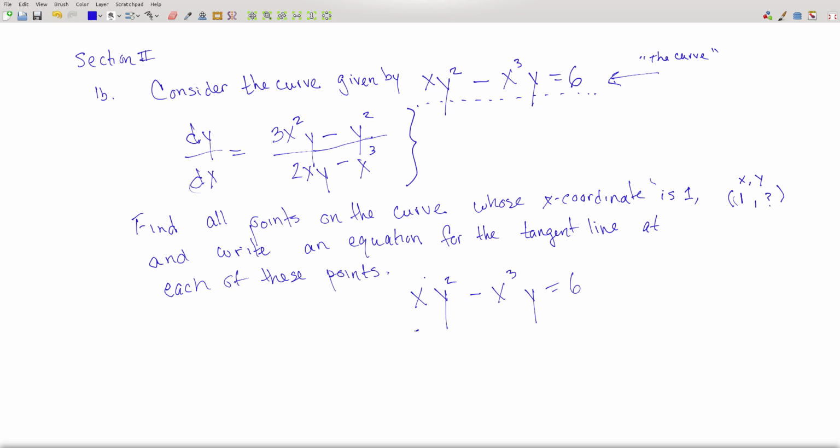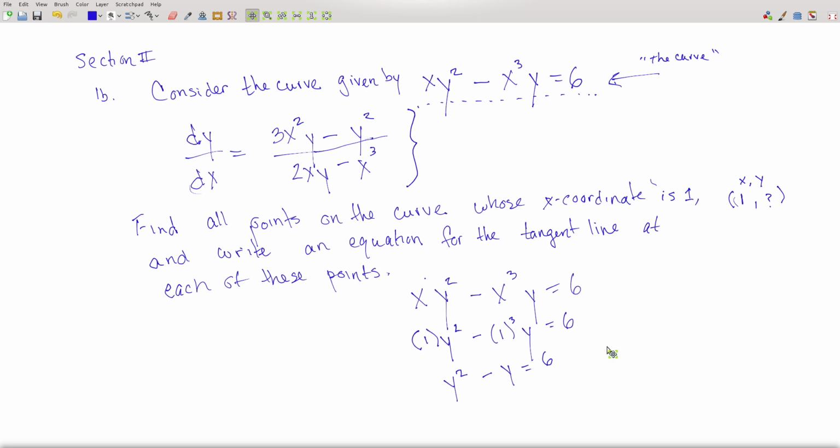Since x is 1, I'm going to substitute in a 1. So we have 1 times y squared minus 1 cubed times y is equal to 6. So 1 times y squared is y squared, and 1 cubed is 1, and 1 times y is y. This is equal to 6.